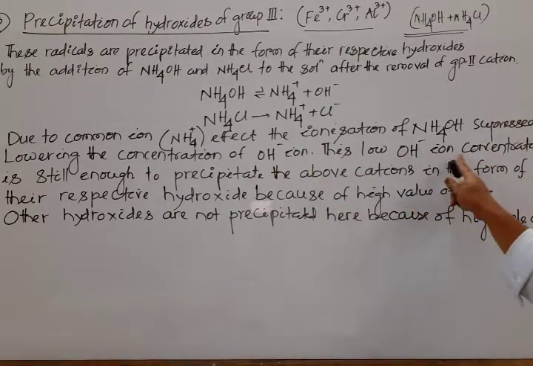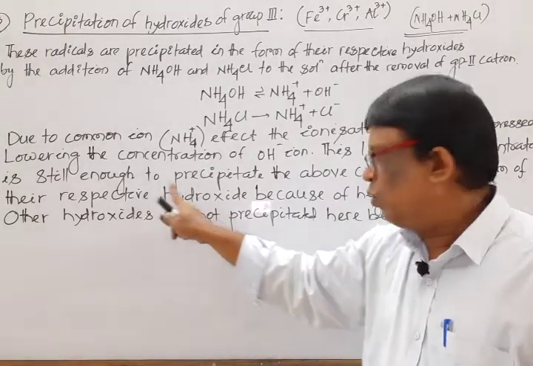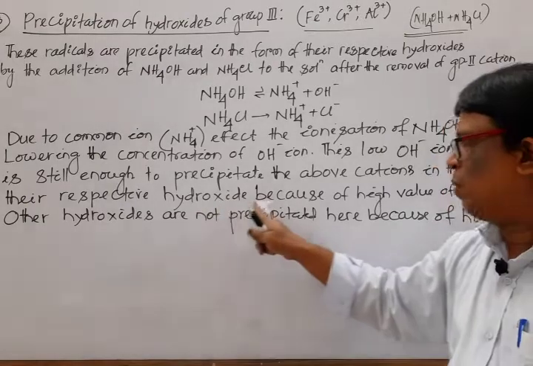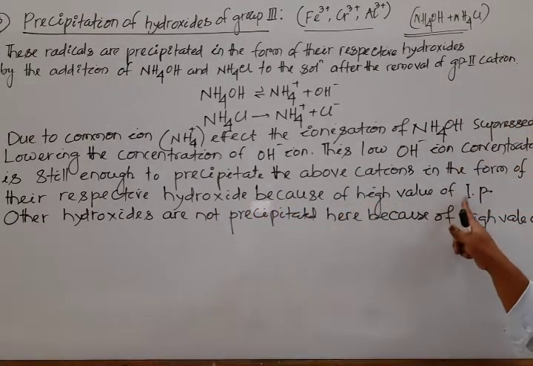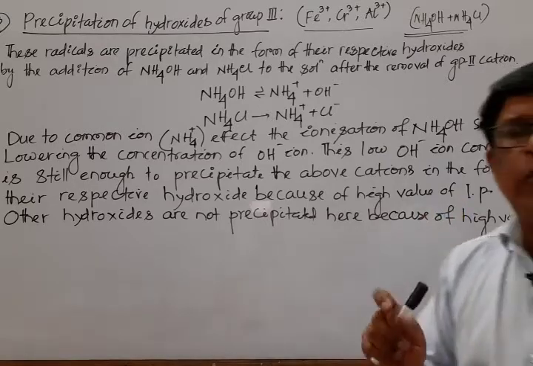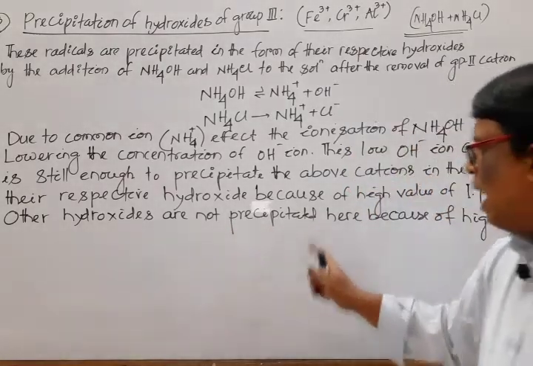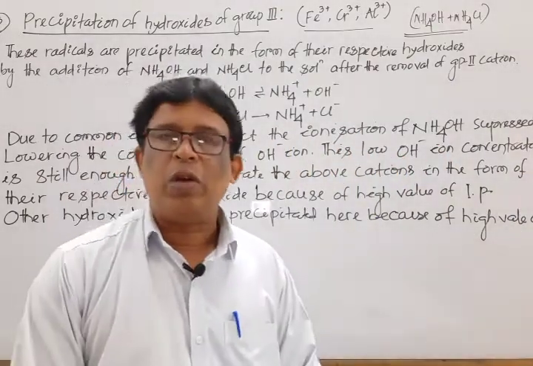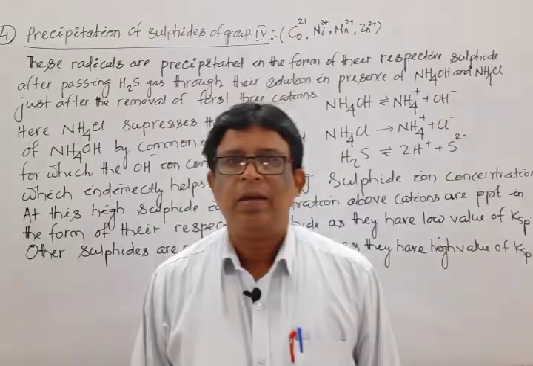This low hydroxide ion concentration is still enough to precipitate the above cations in the form of their respective hydroxides because of a high value of ionic product or a low value of solubility product. Other hydroxides are not precipitated here because of a high value of solubility product or a low value of ionic product.